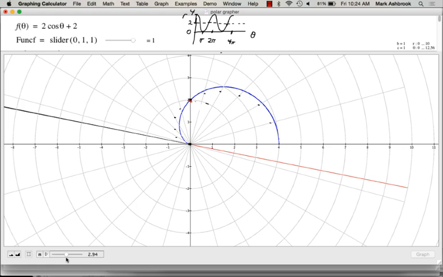Increases back to 2. You've got to imagine that angle sweeping through the third quadrant, and every time theta increases a little bit, our point moves out. r is further from the pole. So at this angle, r is out here.